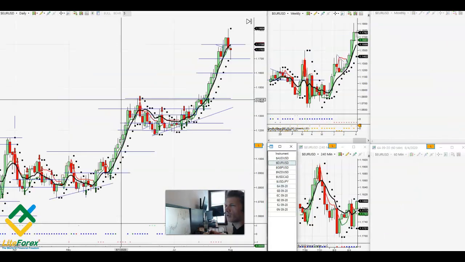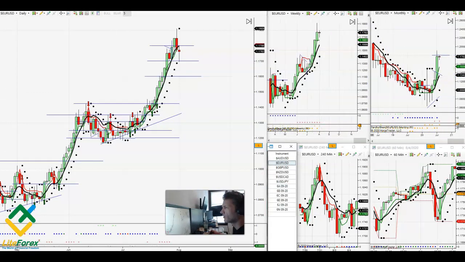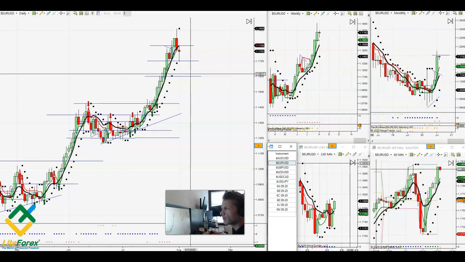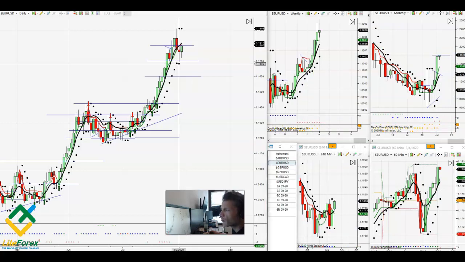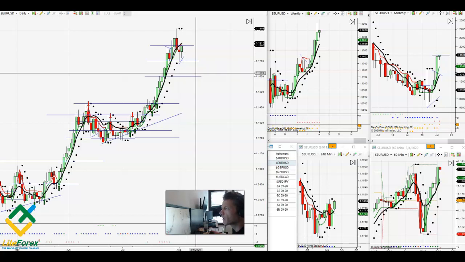Okay, Euro USD. Okay, there it is. All right, so it's putting in higher lows, support at 1.17. We are showing a bit of resistance at 1.18 right now. You can see that price is right at that space.